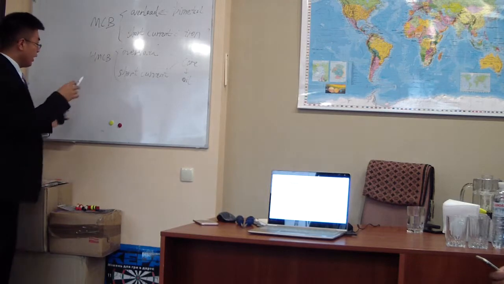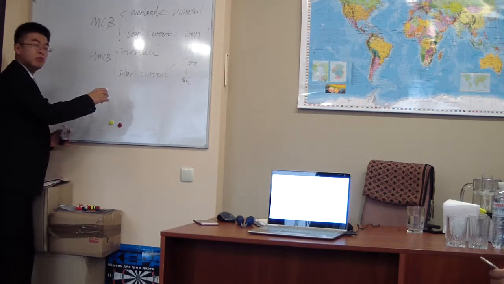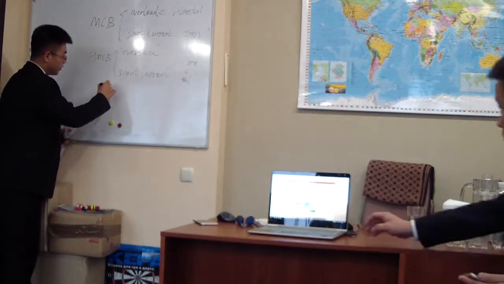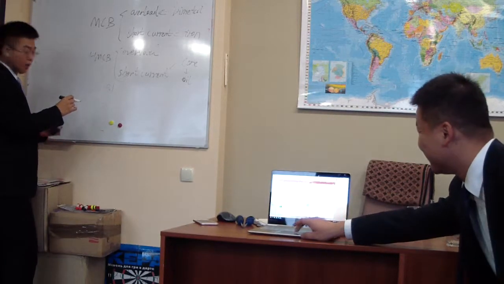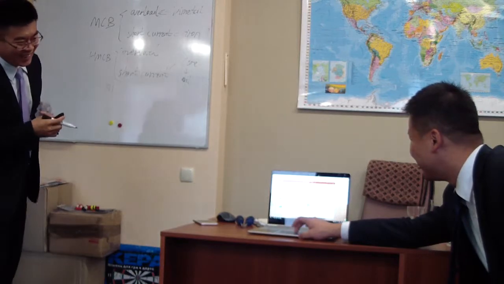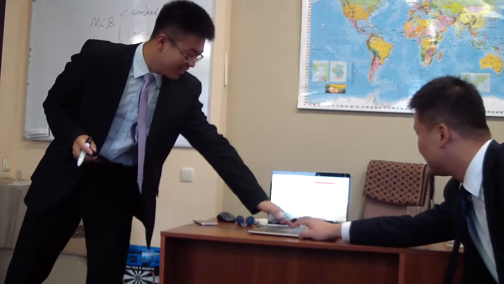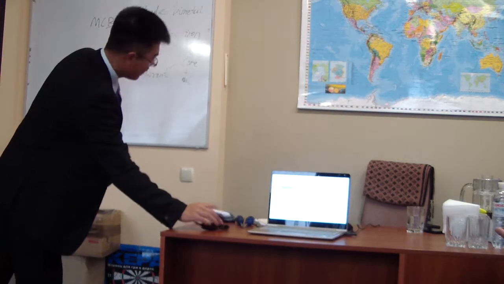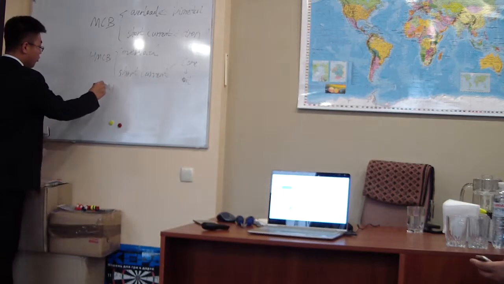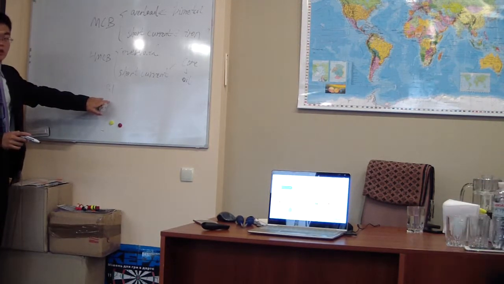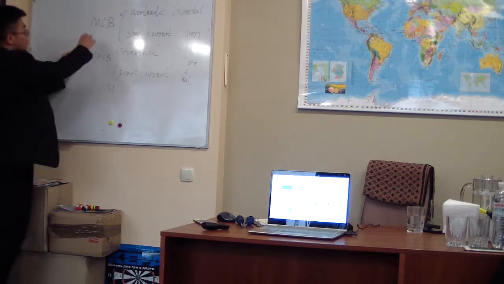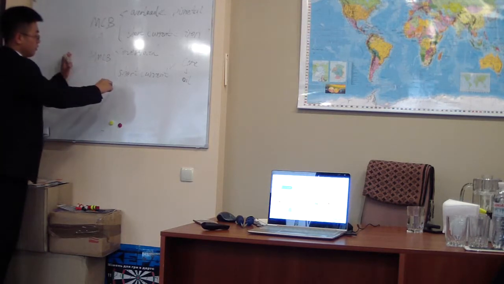We can see HMCB's minimum rated current is 0.1, but MCB's minimum current is 1 ampere.